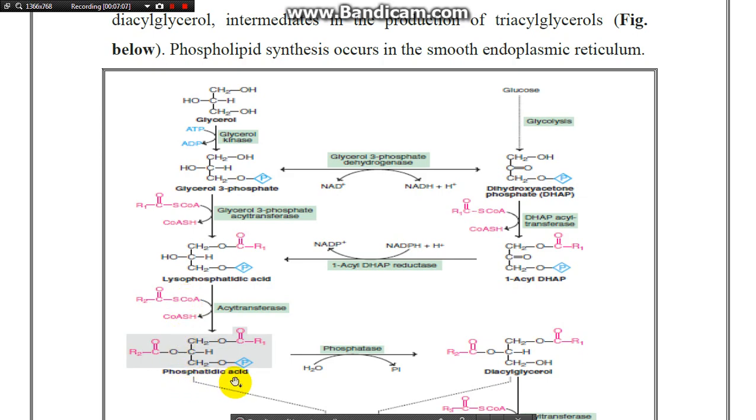The phosphatidic acid may be converted to give diacylglycerol by the phosphatase enzyme, after removing the phosphate group by this enzyme to give the diacylglycerol.